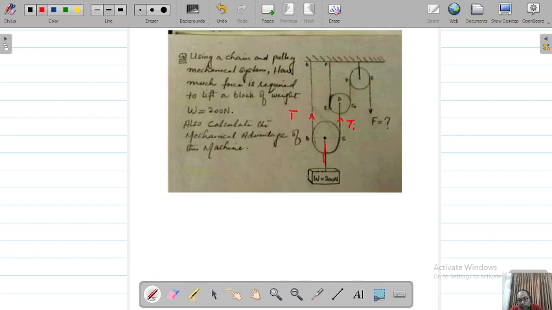The weight is acting downwards. So consider the free body diagram of only this segment of the total system.